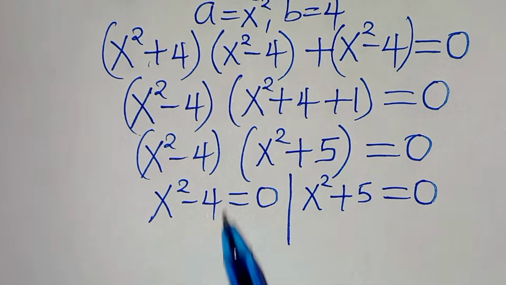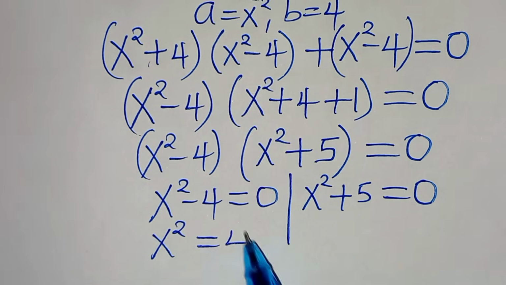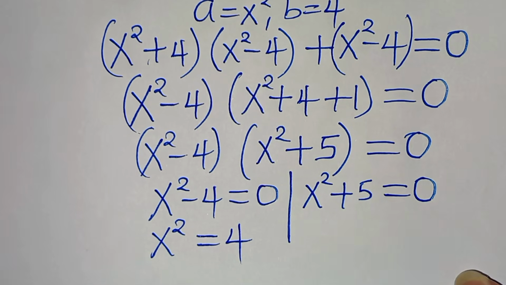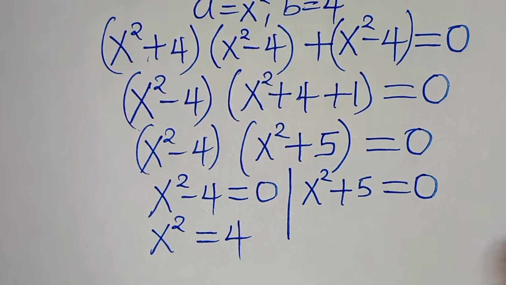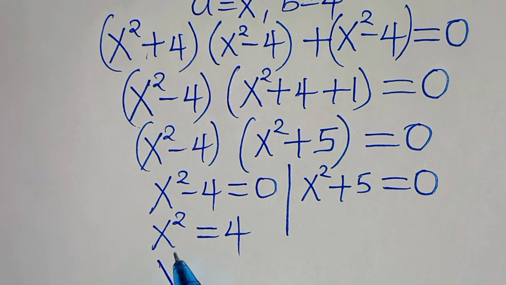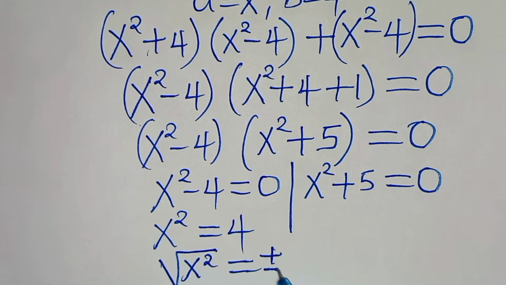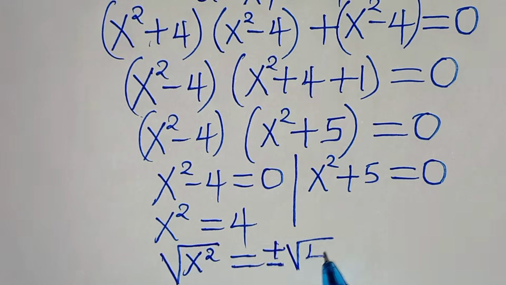From the first part here, we have that x squared is equal to 4. So to solve for x here, we introduce a square root on both sides so that we have the square root of x squared equal to plus or minus the square root of 4.